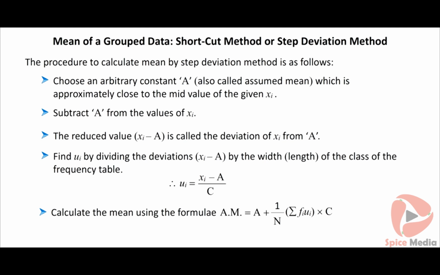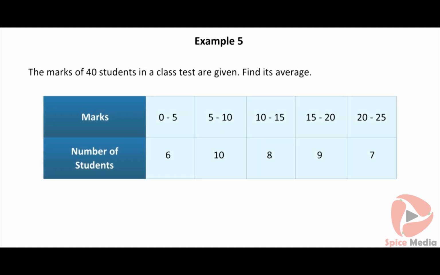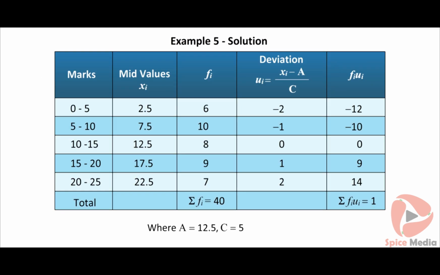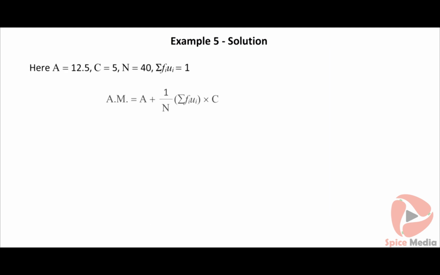Find ui by dividing the deviations xi minus a by the width of the class of the frequency table c. Therefore, ui is equal to xi minus a divided by c. Calculate the mean using the formula AM is equal to a plus 1 by n sigma fi ui into c.